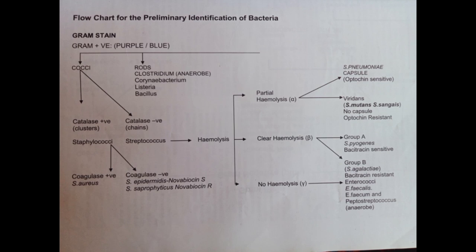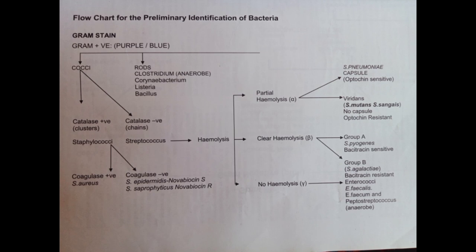So let's start first with the gram-positive bacteria. On a gram stain, gram-positive bacteria will be seen purple or blue in color, while gram-negative bacteria we can see under the microscope on a gram stain will appear pink or red in color.